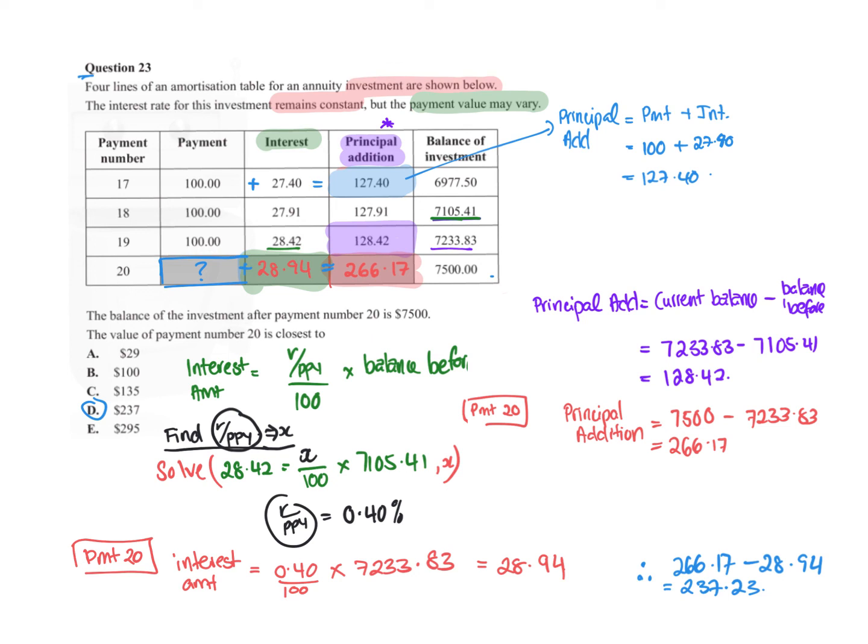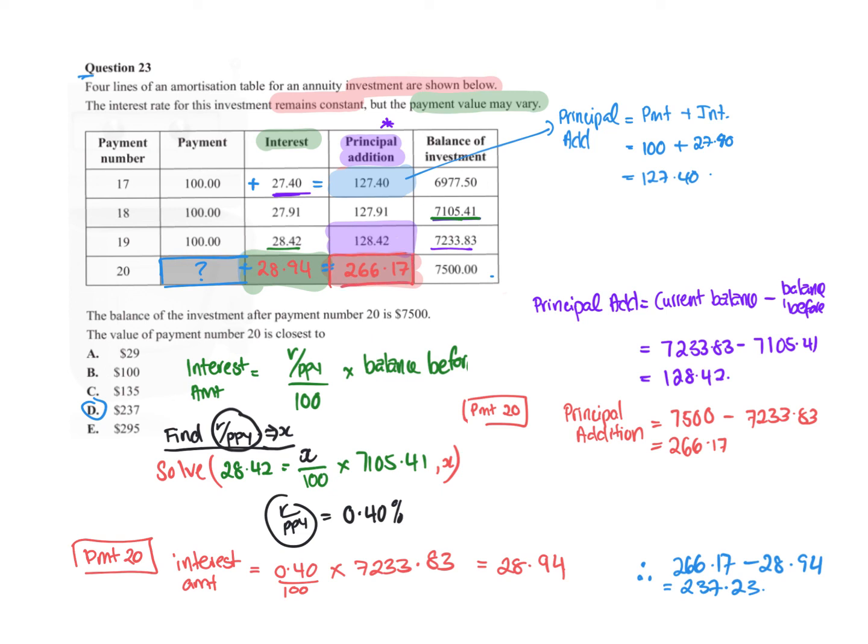So in the first one, they've put this amount in, they gain this interest here, and they also are putting $100 more in. So the extra is the payment plus the interest. If we look down here, we need to be able to work backwards and find out. So what I did is I found out what this principal addition would be.